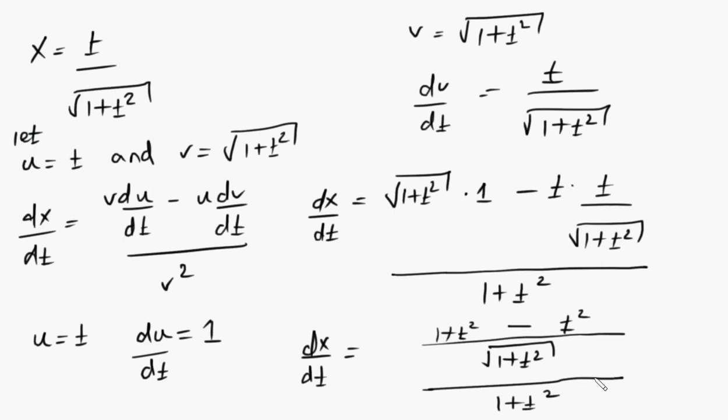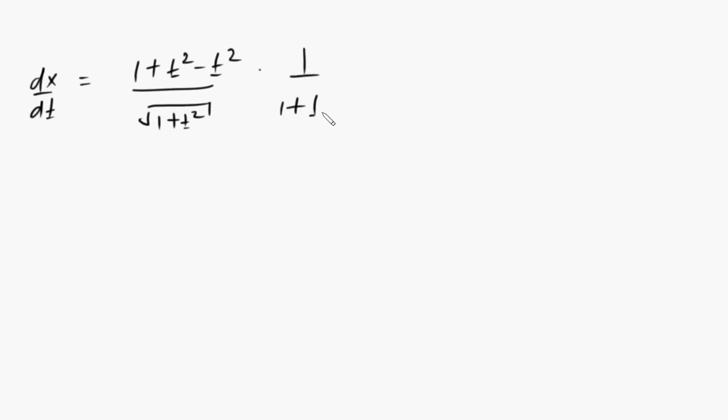So this is what I have. So my dx dt I said is equal to 1 plus t squared minus t squared over the square root of 1 plus t squared times the one at the very bottom, that v squared, here. So this and this go, I remain as 1.